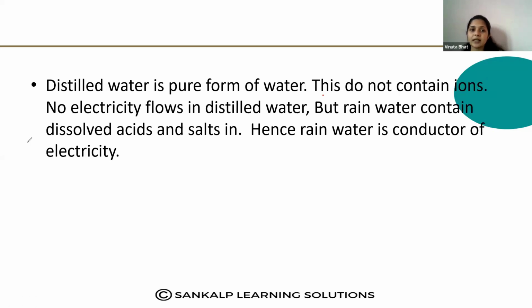This does not contain ions, and no electricity flows in distilled water. And rainwater contains dissolved acids and salts. So the rainwater is a conductor of electricity. Okay, so that is a very important point.